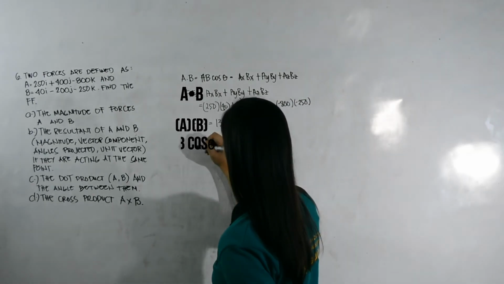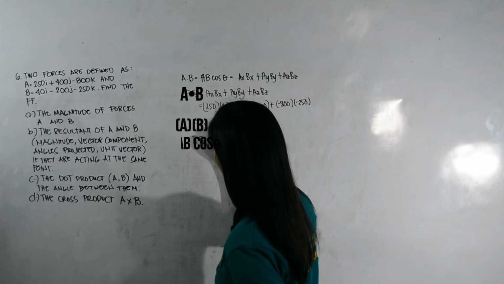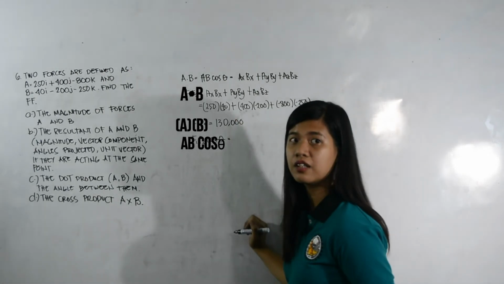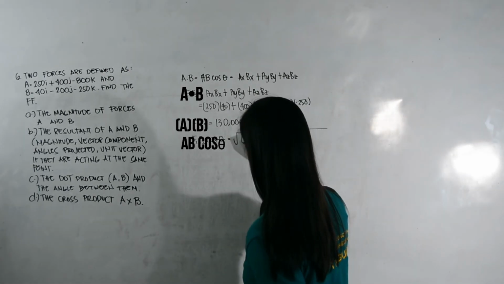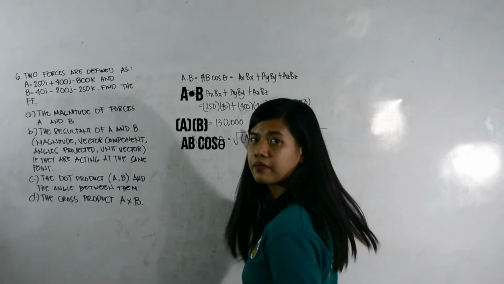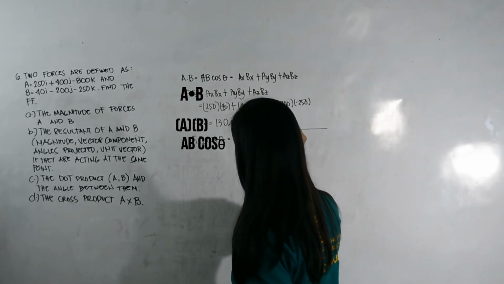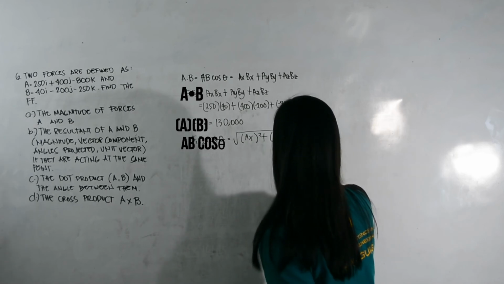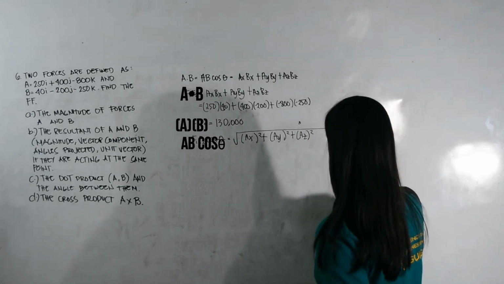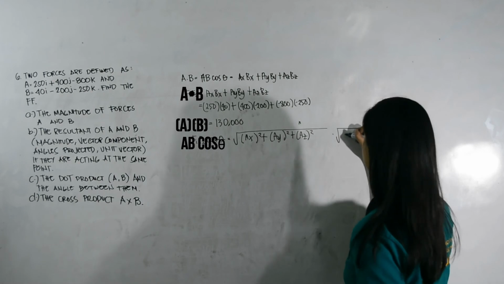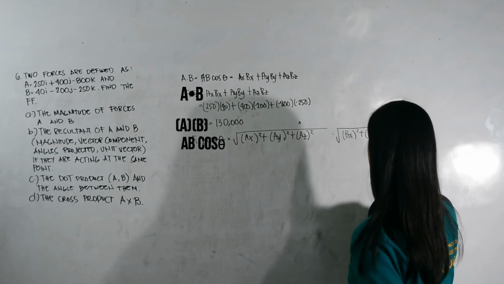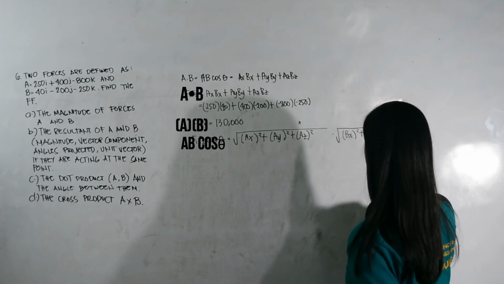Now for the AB cosine theta, we have the square root of AX squared plus AY squared plus AZ squared. This is for our A. Times the square root of BX squared plus BY squared plus BZ squared.